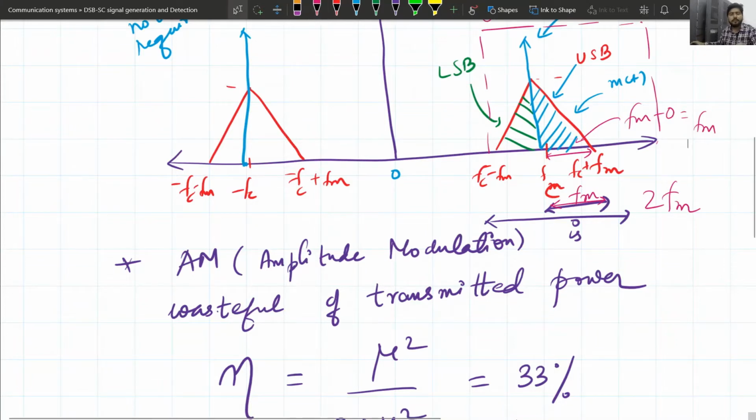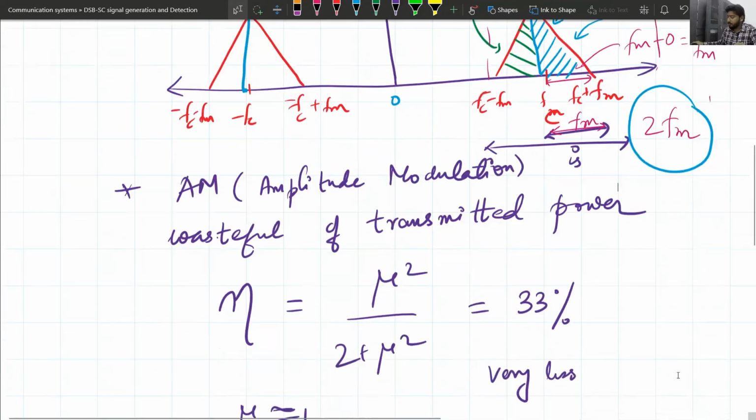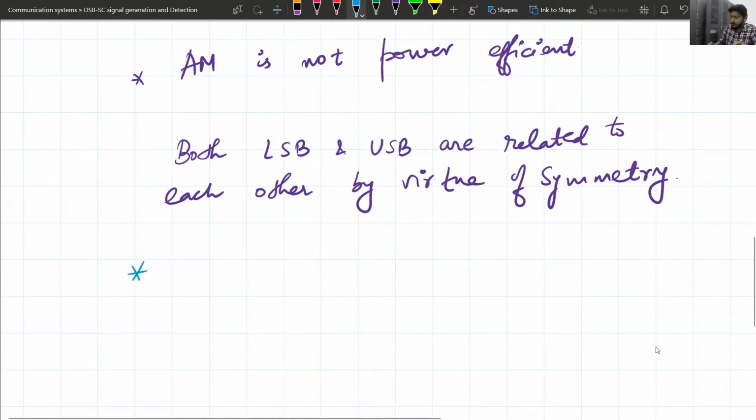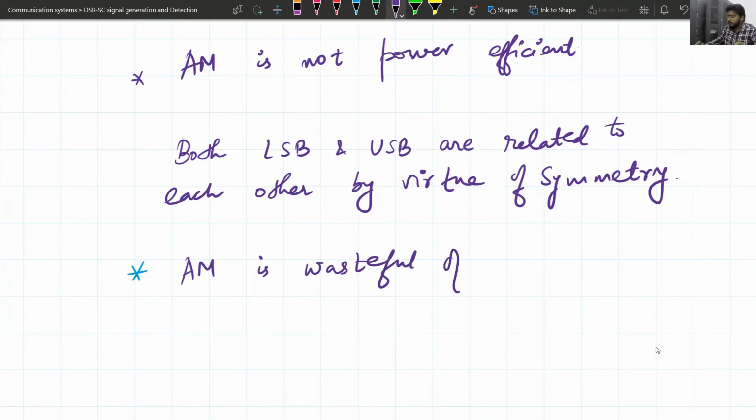But in case of the amplitude modulated wave, 2 times the bandwidth is transmitted. Then one more limitation here about the amplitude modulated wave is that AM is wasteful of transmitted bandwidth.